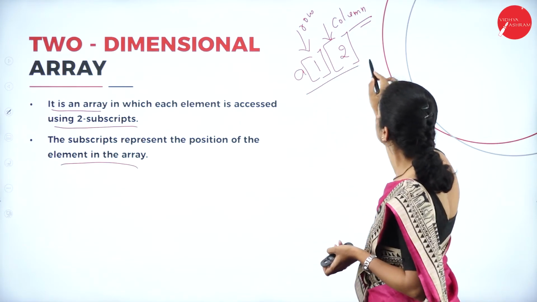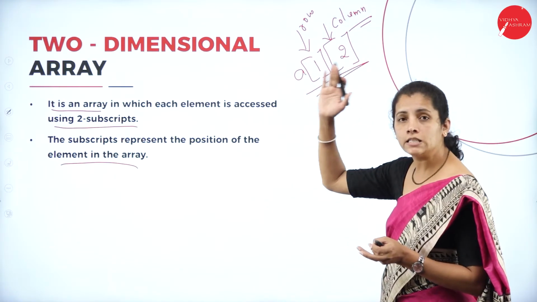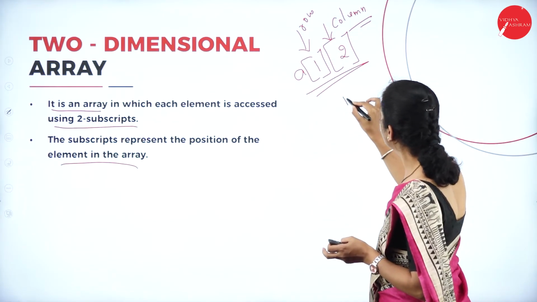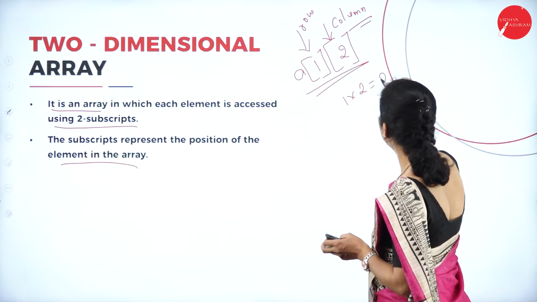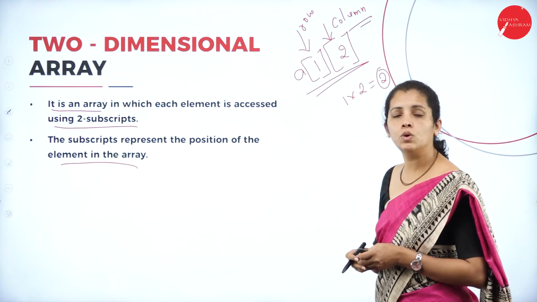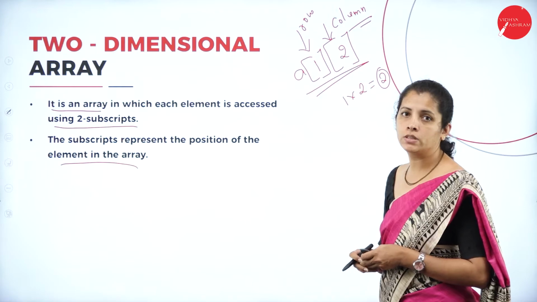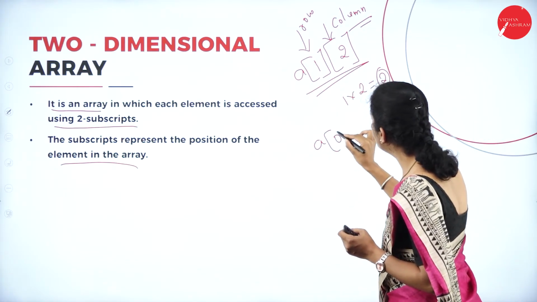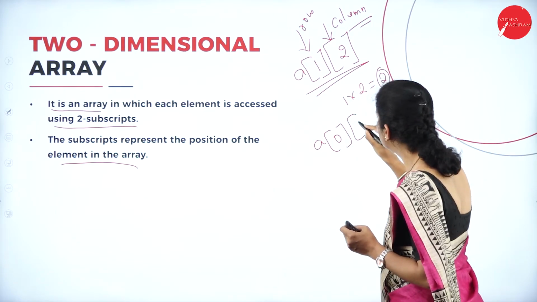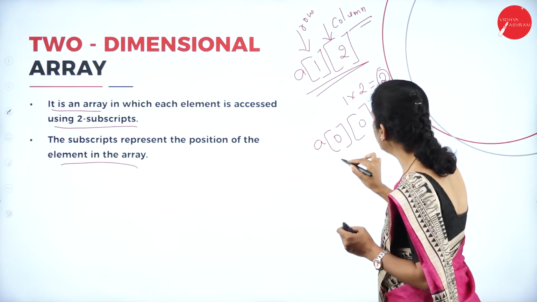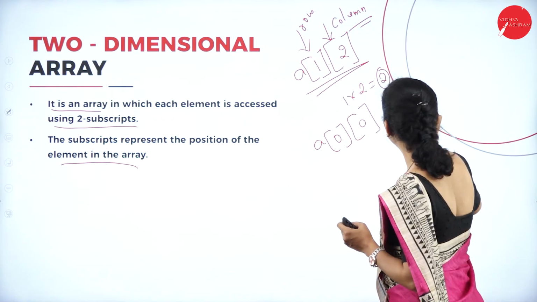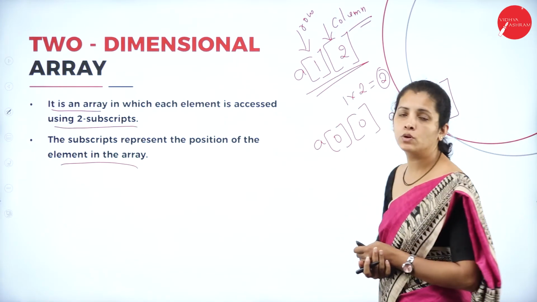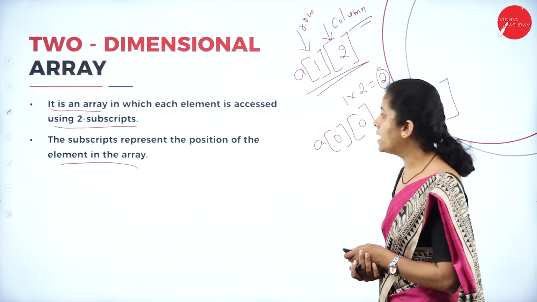Now, if I consider this array, then it is capable of holding only two values. So, 1 into 2, it is 2. Then what is the index? That is A of 0, 0 and A of 0, 1. So, it is capable of holding only two values.